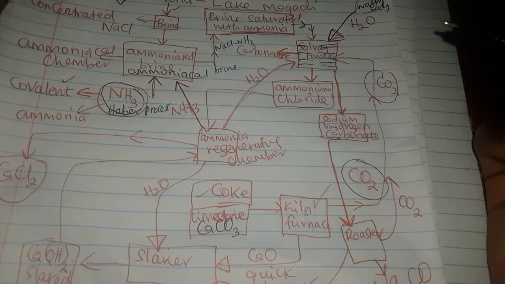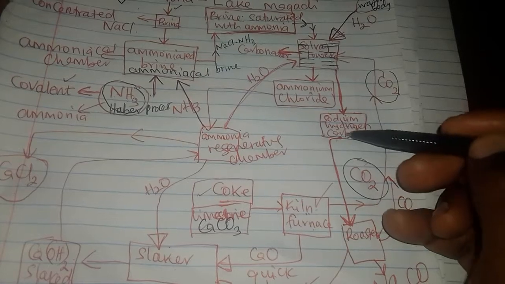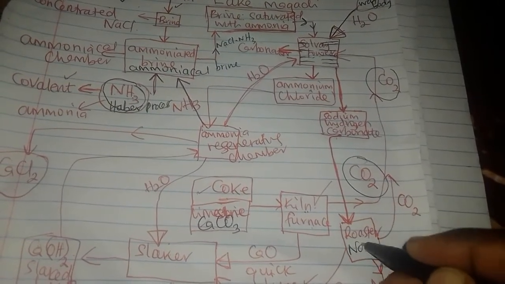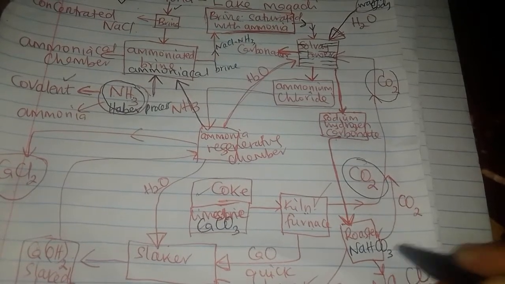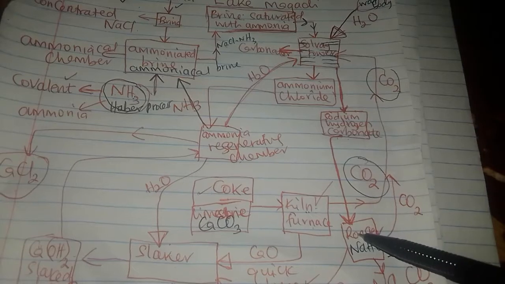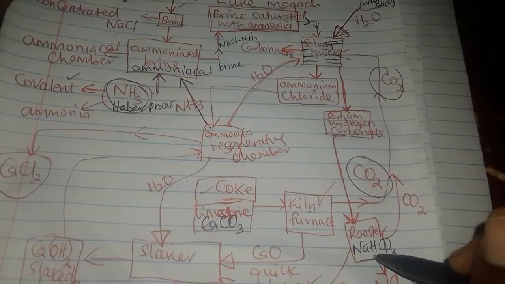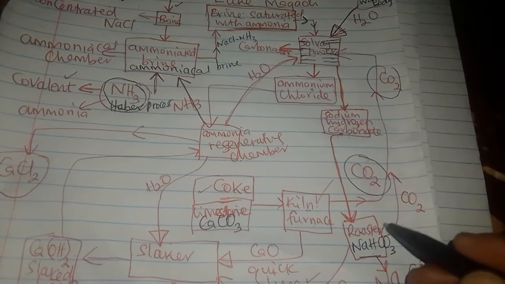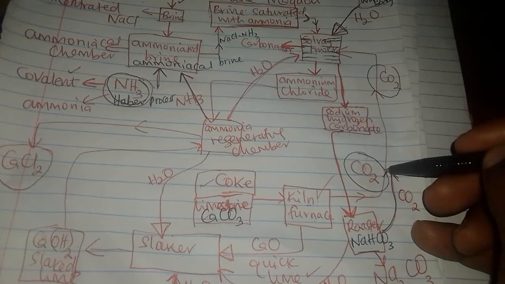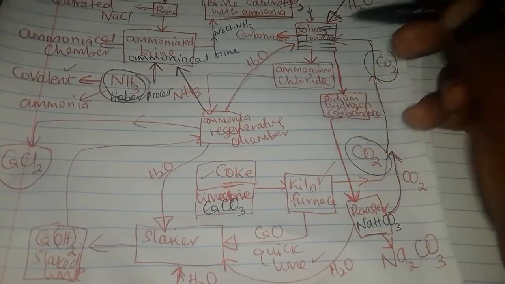Then again, from the roaster, we introduce sodium hydrogen carbonate. The sodium hydrogen carbonate getting introduced into the roaster undergoes decomposition by use of excess heat. This also produces more carbon dioxide, which is taken into the Solvay tower.